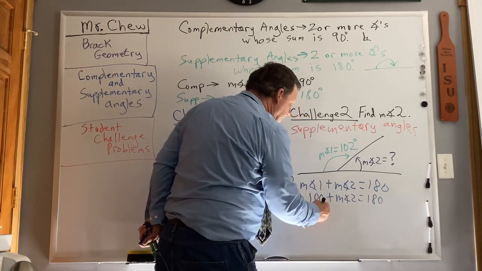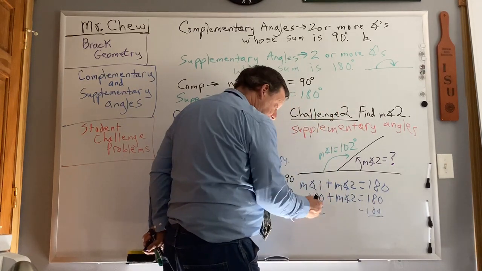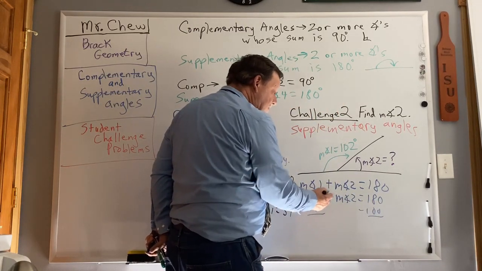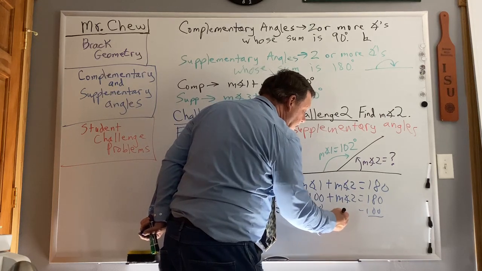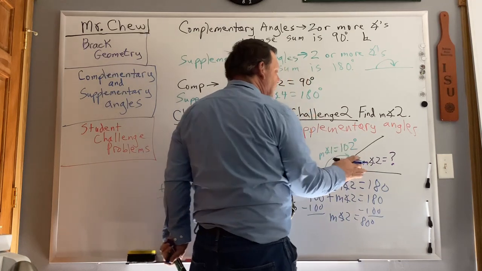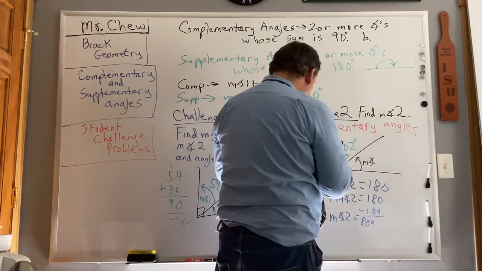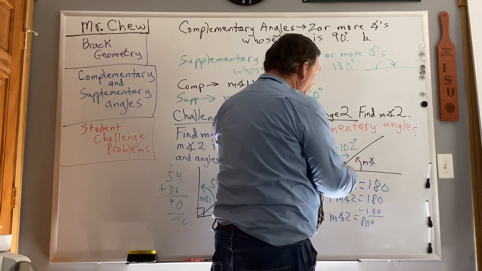I subtract 100 from the left and 100 from the right. Crosses out here because 100 minus 100 is 0, and 0 plus the measure of angle 2 is the measure of angle 2 that equals 80 degrees. So I can come up here and now I can say the measure of angle 2 equals 80 degrees.